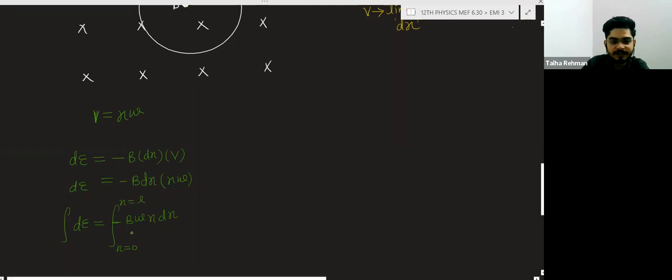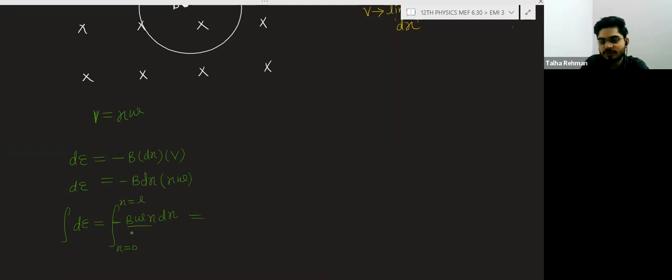Now you will integrate this equation. Magnetic field is constant and angular velocity is constant, so you will take them out of the integration. Now you have x from 0 to L, and this is x dx.